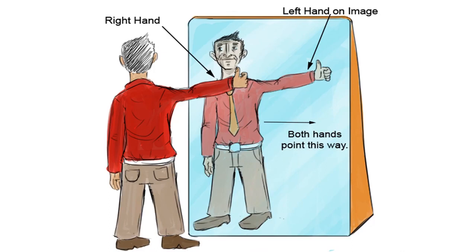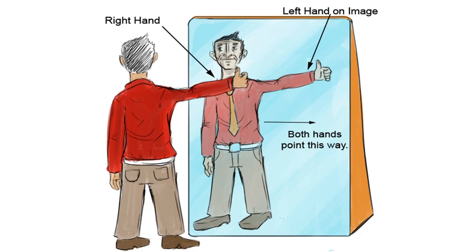Let's try and understand lateral inversion with the help of the diagram. We have learned that image shows lateral inversion. Take an example. A boy is standing in front of a plane mirror. In this diagram, he has raised his right hand. However, in the image, we can see the left hand is raised.